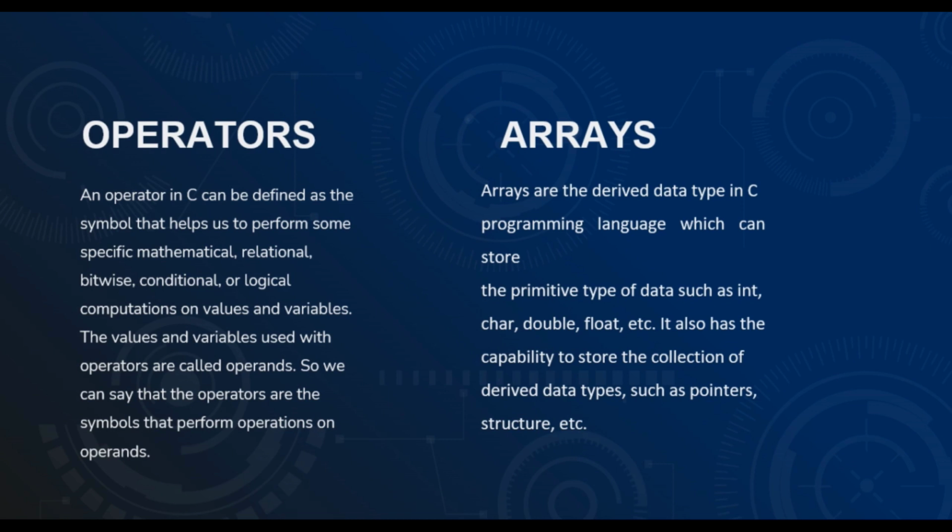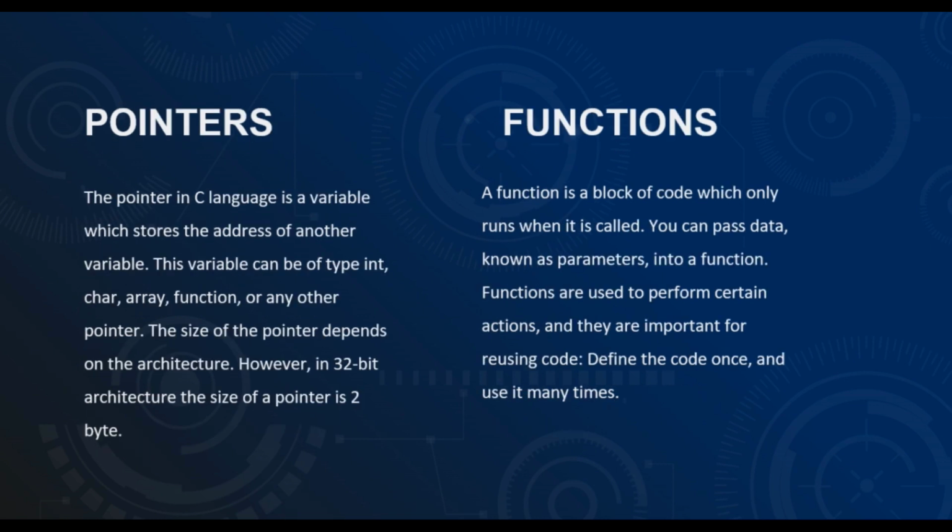Arrays are a storage of homogeneous data, where we store a common type of data. In pointers and functions, pointers store the location of your data, and functions we use so that we can recall and use them many times.